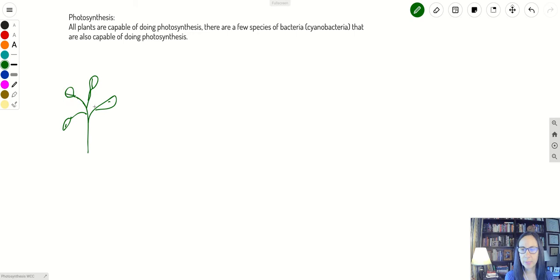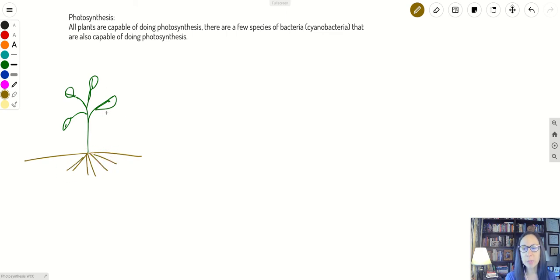Okay, so here are my leaves. And then we have a ground. Okay, and then we have roots underground. So here's our plant.